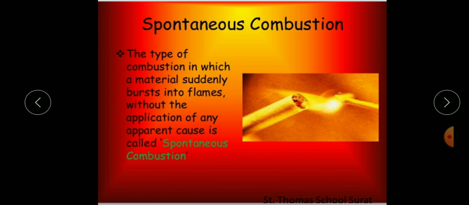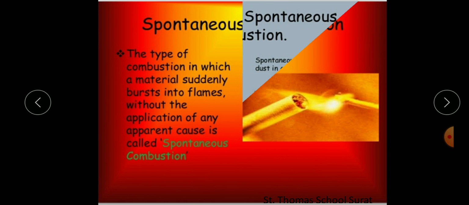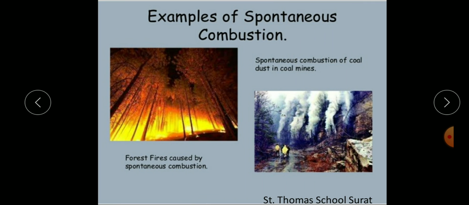Spontaneous combustion is, for example, coal dust. It has resulted in many disastrous fires in coal mines. You can see here, this is spontaneous combustion of coal dust in coal mines.